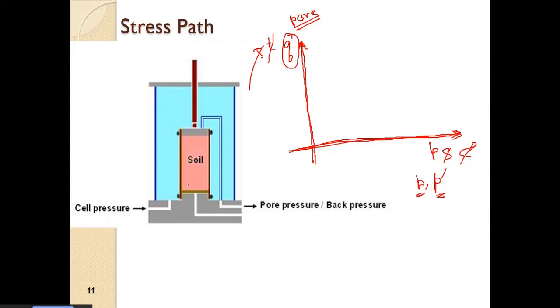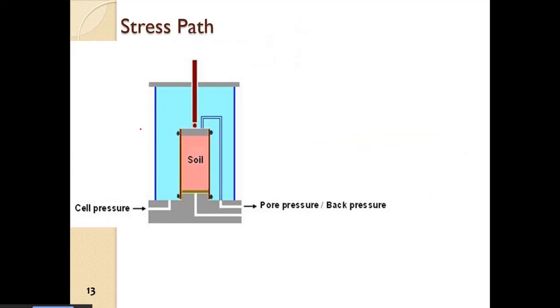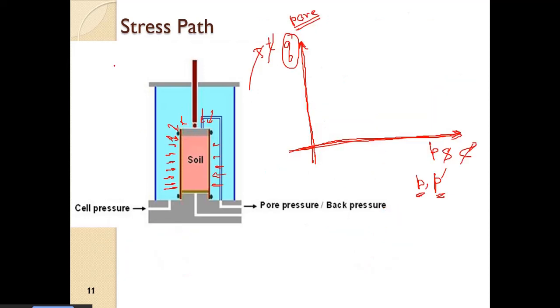So when we go on increasing cell pressure, what will happen? The effective confinement will go on increasing, because it is increasing in all directions. So suppose we consider this sample.